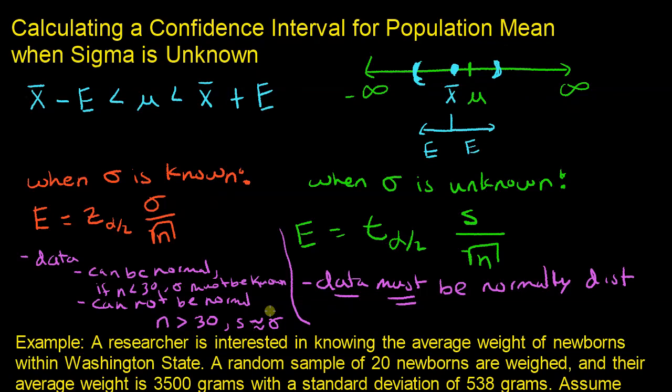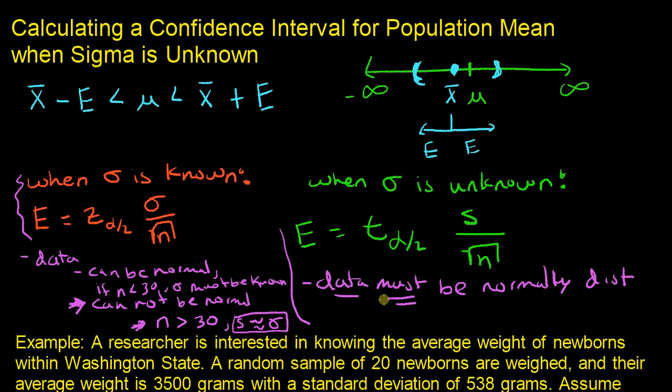So when the sample size is greater than 30, you can always use this equation, because the central limit theorem kicks in, and you also have this nice result that the sample standard deviation is close enough to the population standard deviation that you can just use it as an approximation.